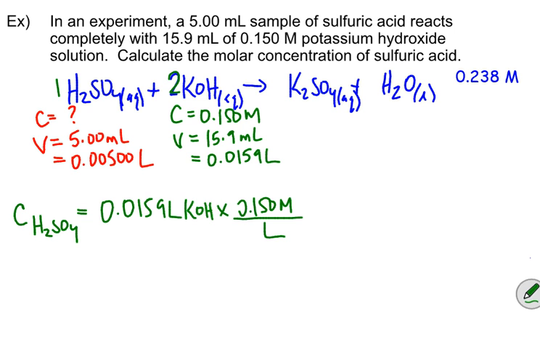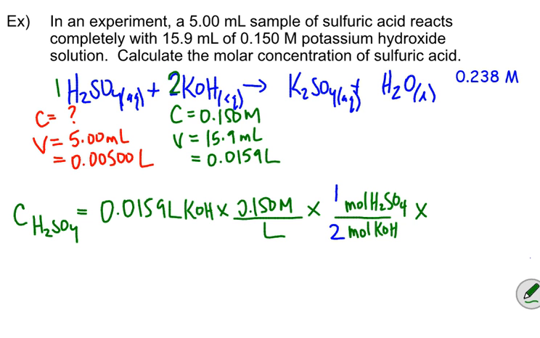So that's my C times V. Then I'm going to times it by my mole ratio. Again, I want to cancel out KOH. So moles of KOH goes on the bottom, and moles of my sulfuric acid, H2SO4, goes on the top. And the numbers that I get are from my balanced chemical equation. So I have a 1:2 ratio.